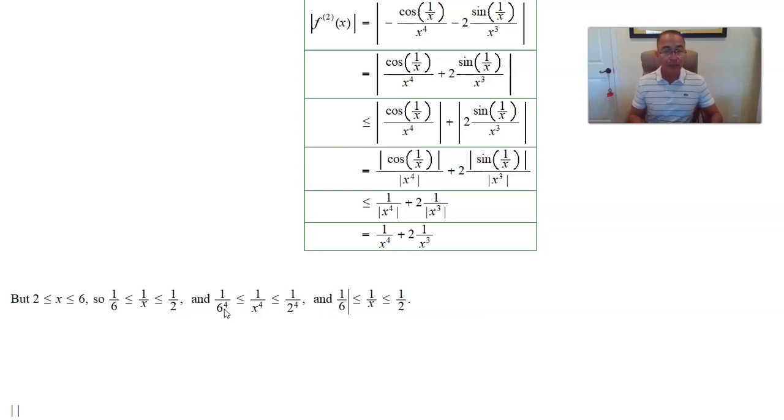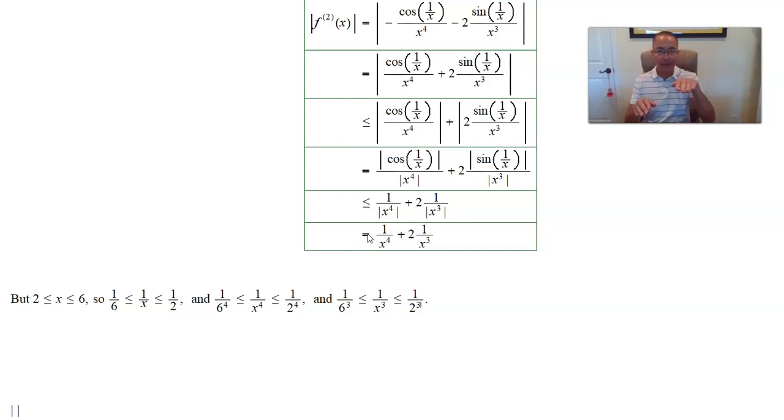And similarly, 1 over x cubed will be between 1 over 6 to the 3rd power and 1 over 2 to the 3rd power. But look at the trend here. Equal, equal, less than or equal to, equal, less than or equal to, equal. The numbers are getting bigger.